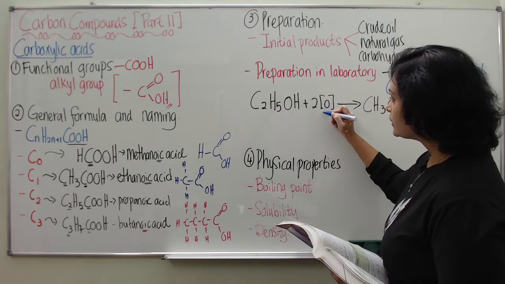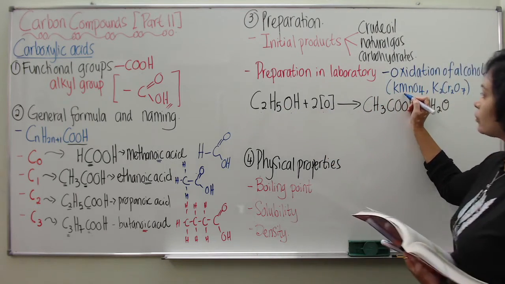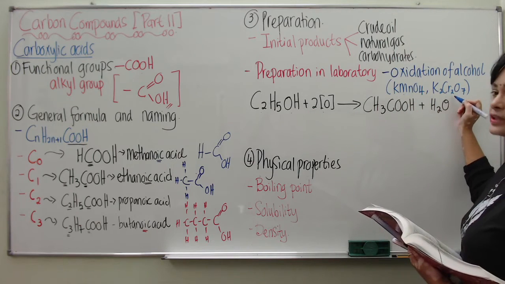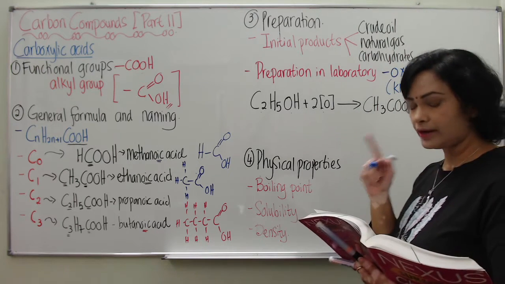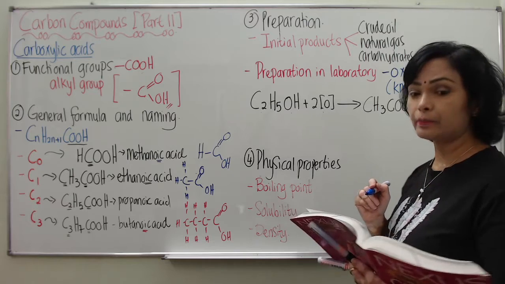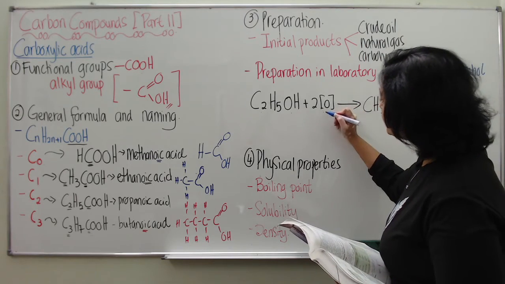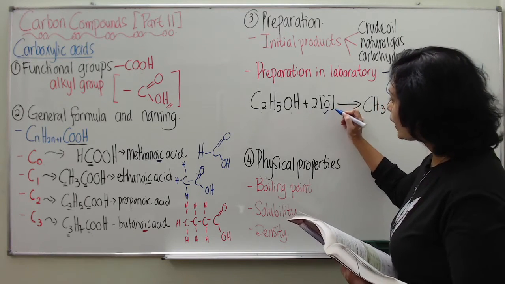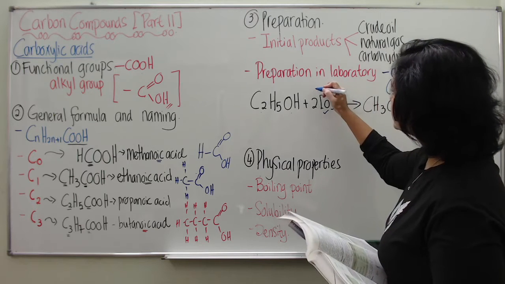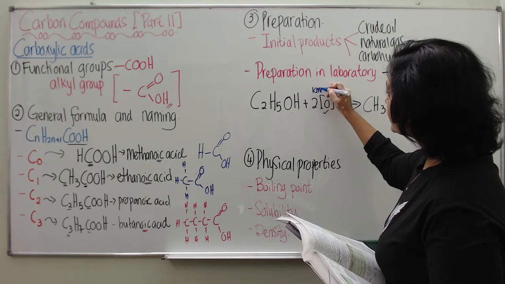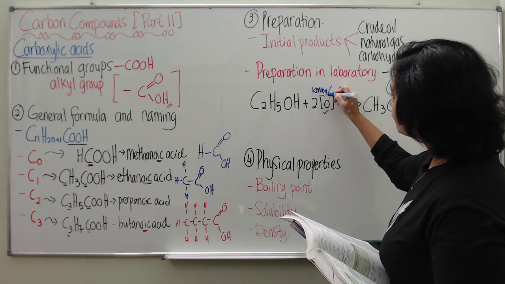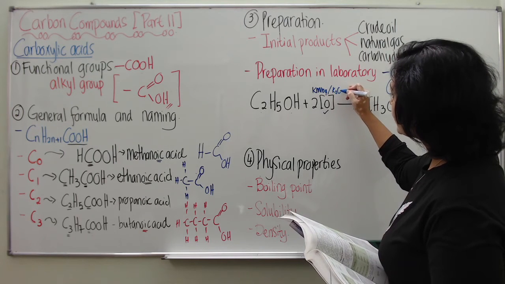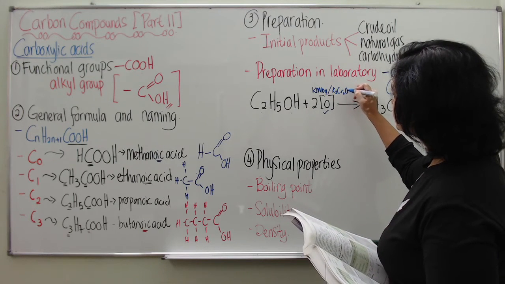Ethanol goes through oxidation thanks to the presence of potassium manganate(VII) or potassium dichromate(VI). Use either one, acidified. So please look here that the oxygen comes from either potassium manganate(VII) or potassium dichromate(VI).